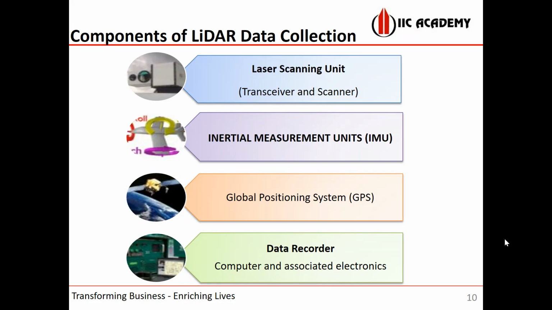Somebody asked about this in the last session, so I will go into a little more detail. There is also the global positioning system and a data recorder, a small computer, to which everything is linked, and the data is stored in associated electronic drives.